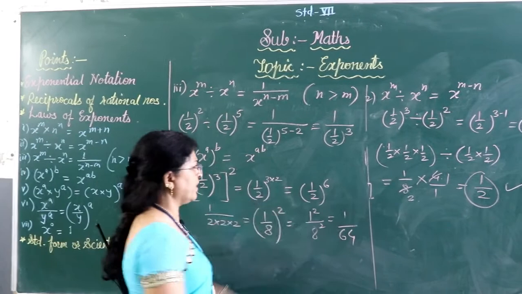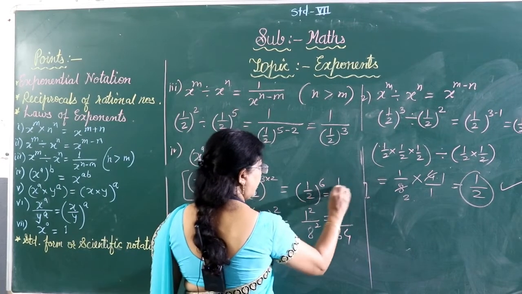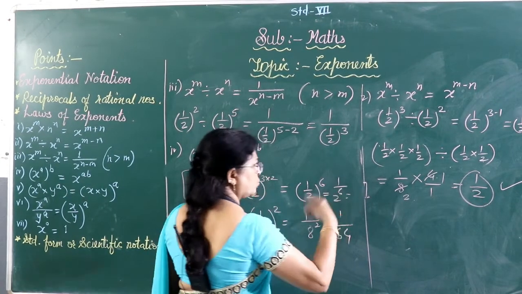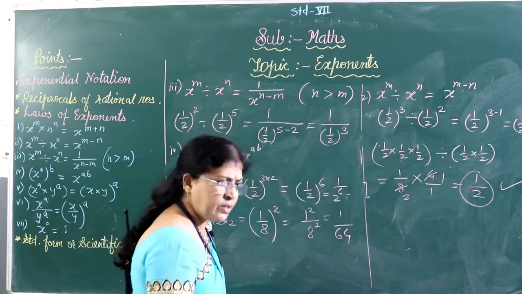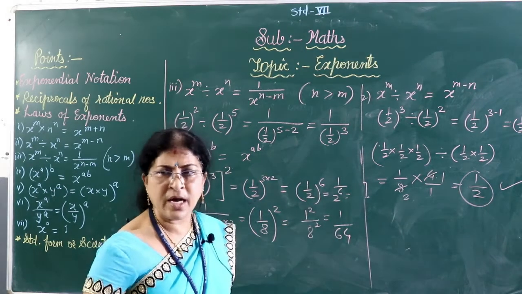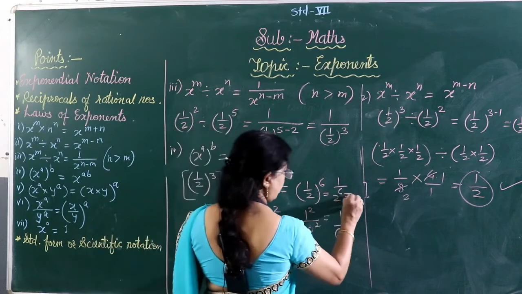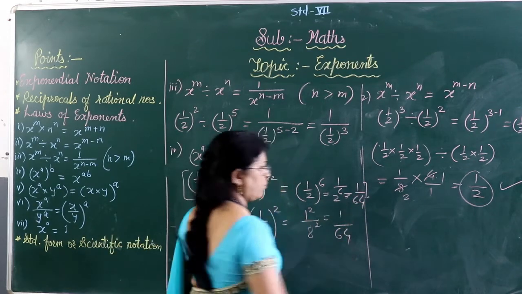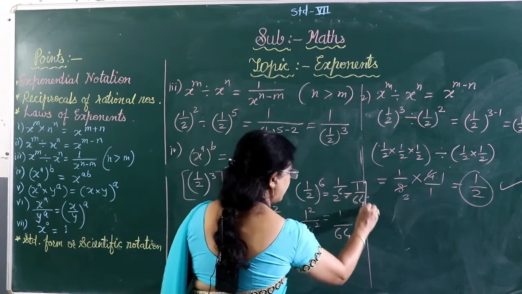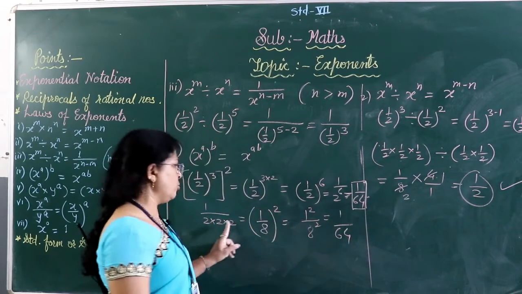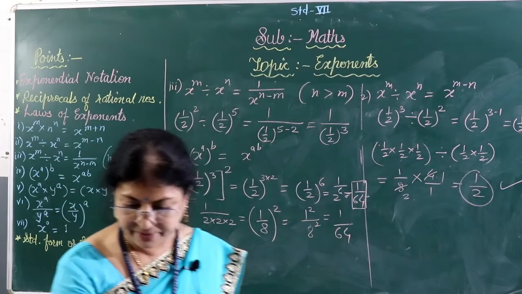Here also you will get 1 upon 64. 1 upon 2 raised to 6: 2 2s are 4, 4 2s are 8, 8 2s are 16, 16 2s are 32, 32 2s are 64. In this way here also you will get the same answer, 1 upon 64, right? By using the law and by the usual method also you can check every time.